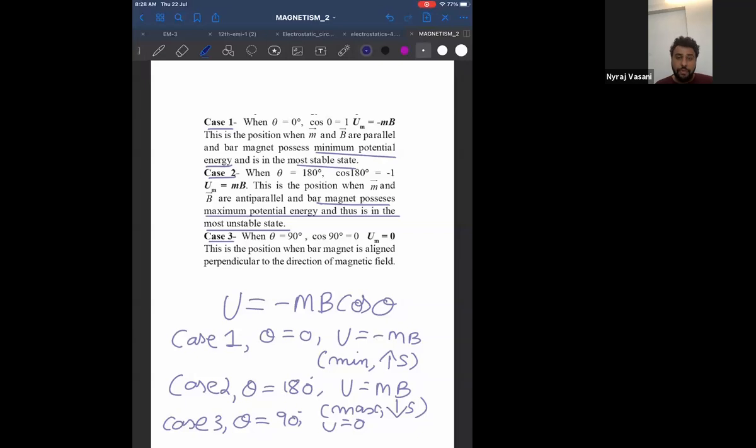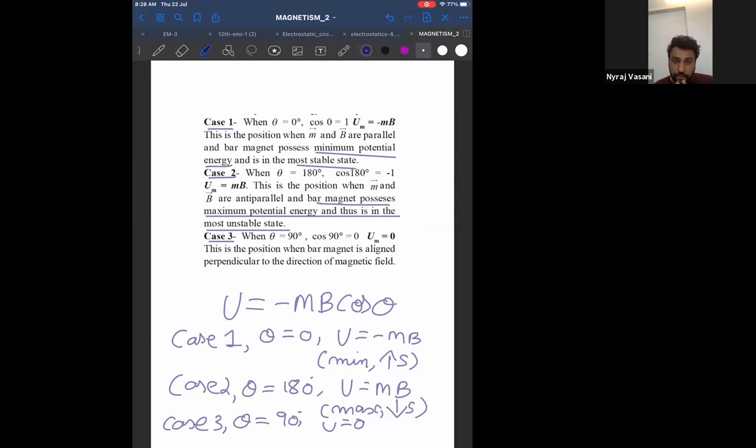Now read what is written in the textbook as case 1, case 2, case 3. Tell me whether you understand it. Case 1, when theta equals 0, I get the answer minus MB, and they are parallel, minimum potential energy, most stable state. At 180 degrees, the answer is plus MB, anti-parallel, most energy, least stable.